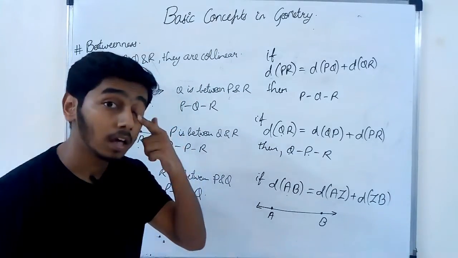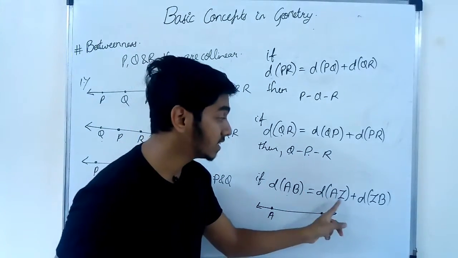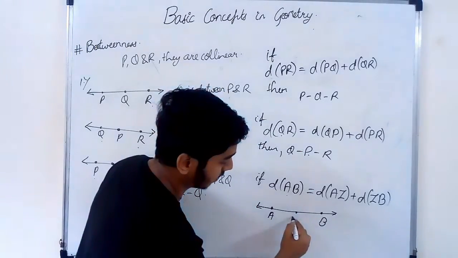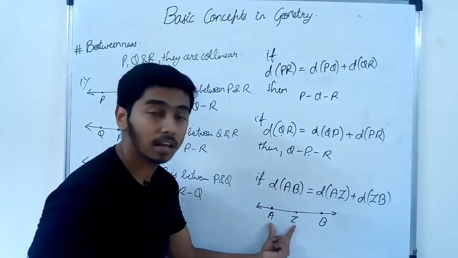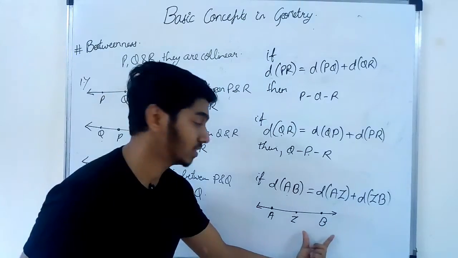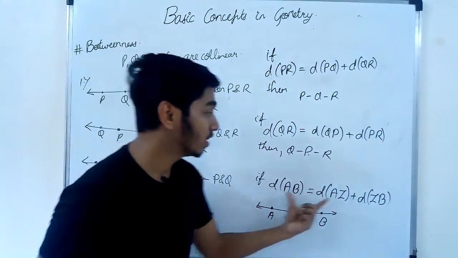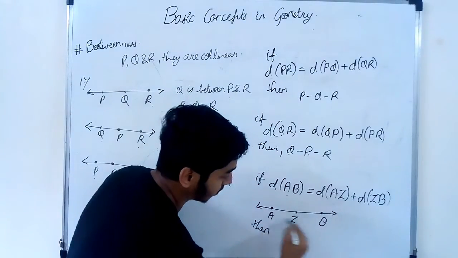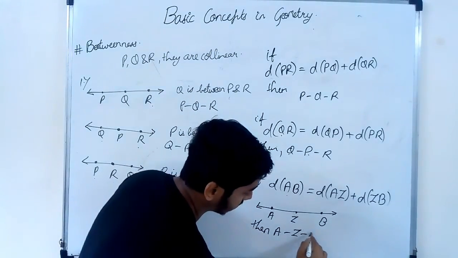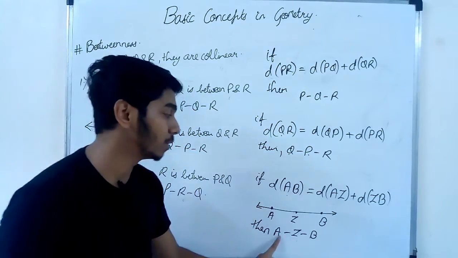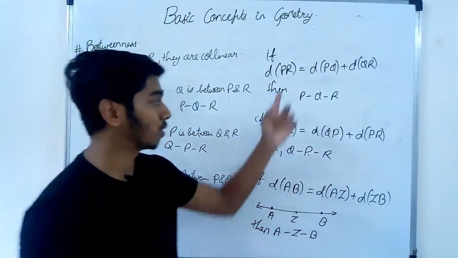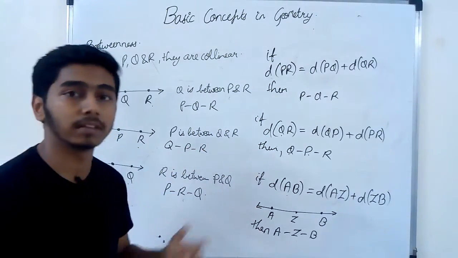AB will be this. Then AB is AZ plus ZB. So AZ, which is this distance, plus ZB, which is this distance. So if this is happening, then we can say from here that AZB, meaning Z is in between A and B. I hope you have understood what is betweenness, how to find betweenness.